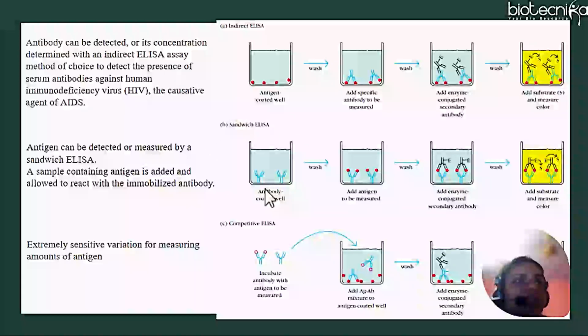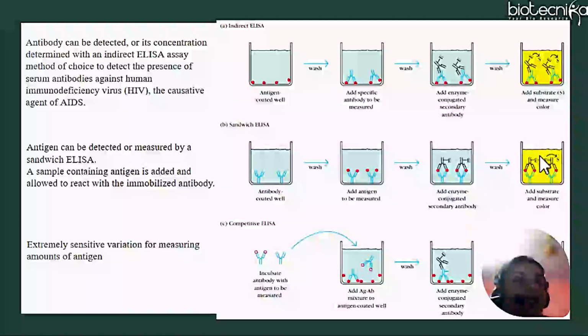Sandwich ELISA is even more specific and sensitive than your indirect ELISA. Here we coat the wells with an antibody, you wash off anything excess, then you add your antigen. Now your antigen goes and binds to the primary antibody very specifically. Again, wash off anything which is excess, not required. Then you add your secondary antibody, which is again conjugated with an enzyme.